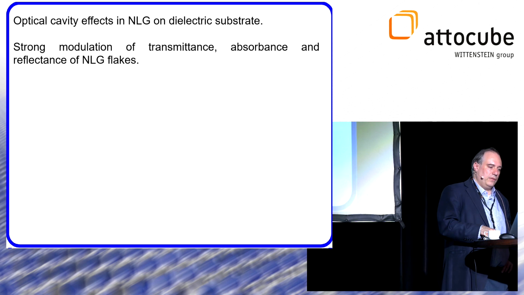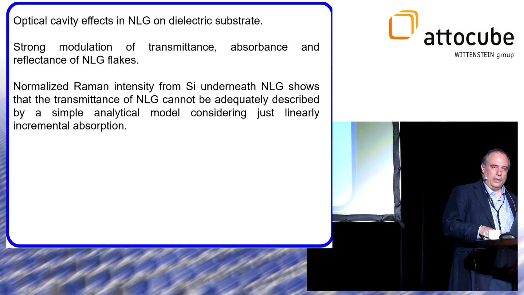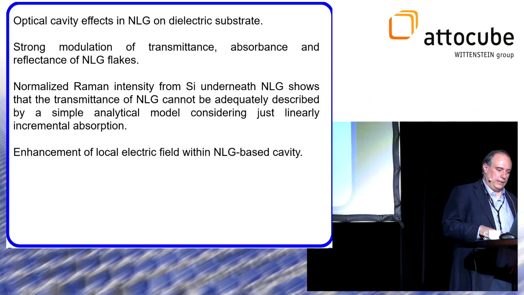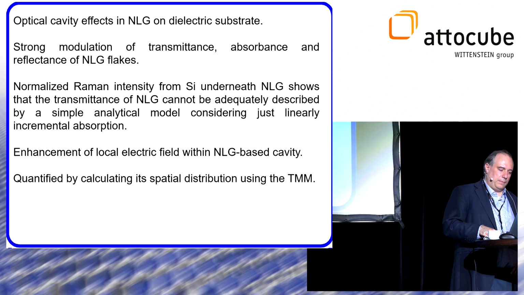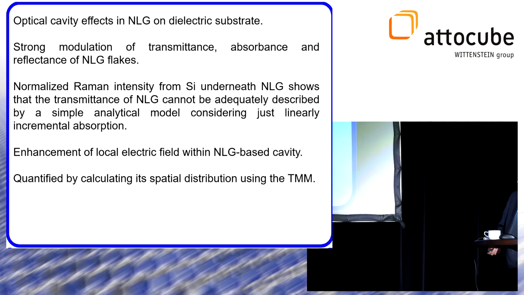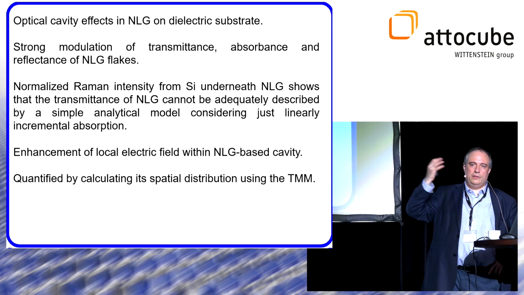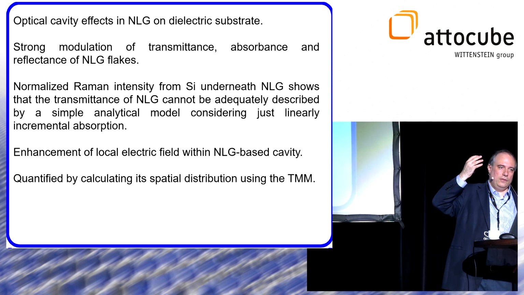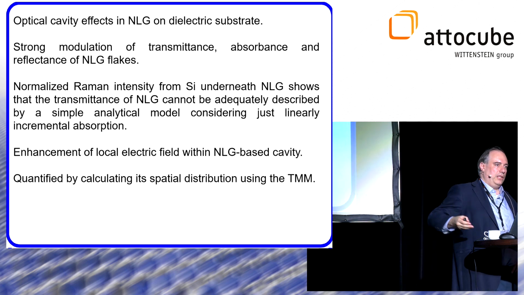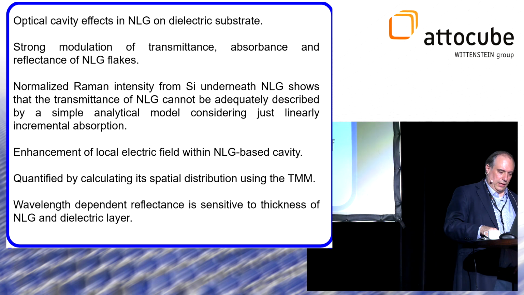So there is modulation of transmission, absorption, reflectance of the flakes, and you cannot just consider the linear absorption, as everybody naively thinks since 2008, and you have enhancement effects and so on, and you can simply use the transfer matrix approach to do these calculations. Anybody can do it. You can give this as an exercise to, like, a first-year PhD student just to get used to it, and it's a nice little exercise, and okay.